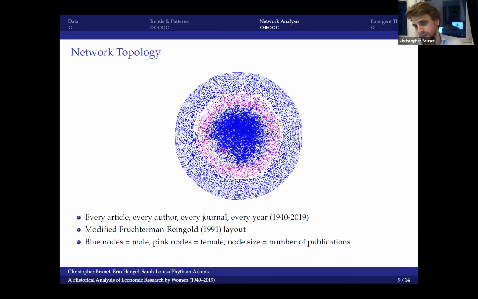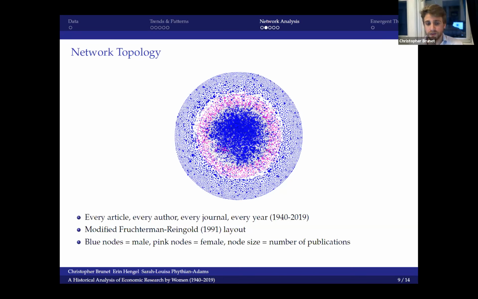That's Joan Robinson, actually. She did publish a bunch of papers, so she is weighted correspondingly, but because she was publishing so long ago, she didn't really co-author very much, so she doesn't have very many connections.